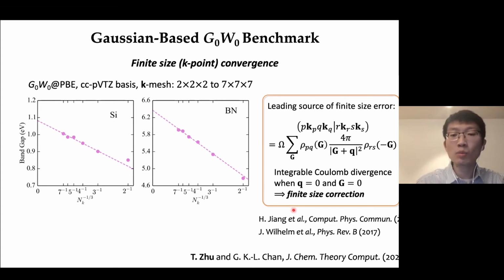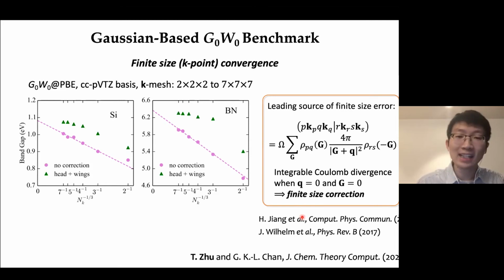And here, our strategy is to follow these two papers to apply a certain finite size correction, also known as the head and wings correction, where after applying this finite size correction to treat the Coulomb divergence, we find the band gaps for both silicon and boron nitride are improved significantly at the intermediate K-point region compared to the thermodynamic limit.